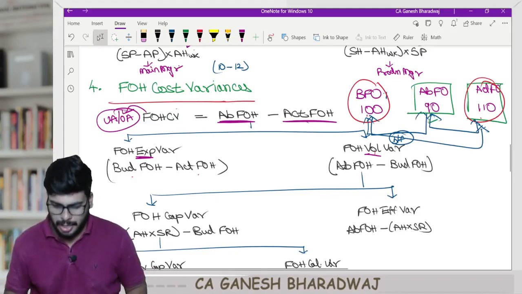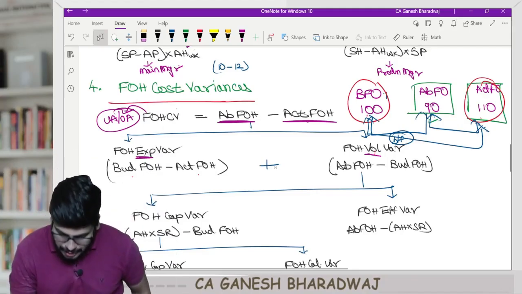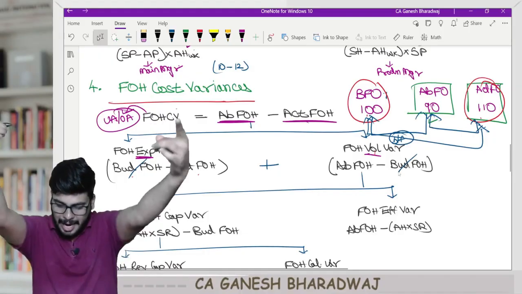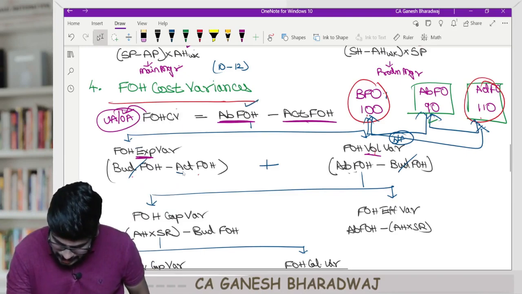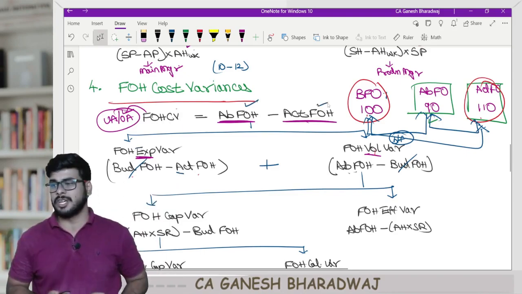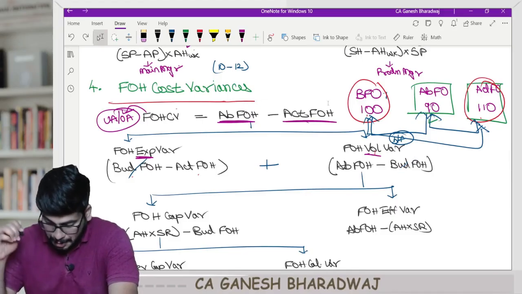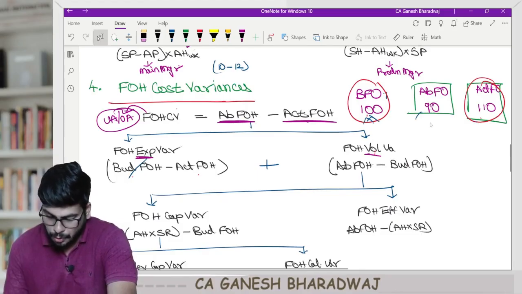If you add these two, you should get the top figure. Budgeted fixed overheads minus budgeted fixed overheads gets cancelled, and you get absorbed fixed overheads minus actual fixed overheads, the topmost figure. Are you clear with this, guys? This is just for the purpose of understanding that I mentioned. Are you all able to understand? Yes.